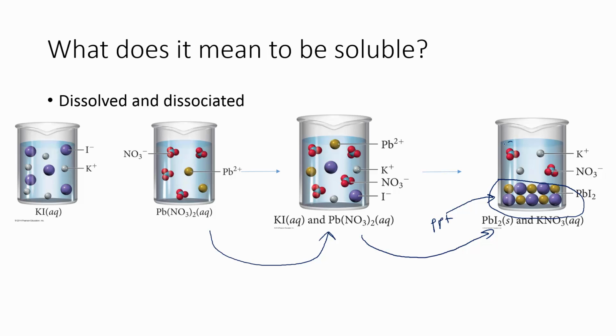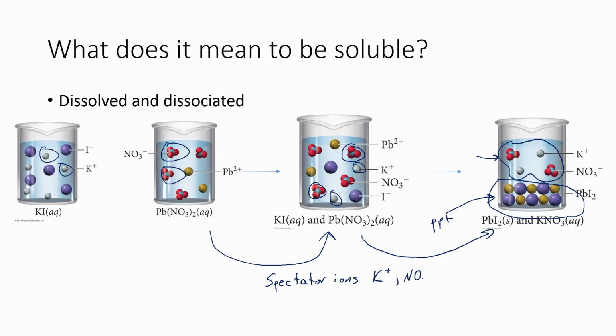Something I'll point out now that we'll talk about more later are the potassium and nitrate ions. They were nitrate and potassium to begin with, and when we mixed them, they were still potassium and nitrate, and now they're just potassium and nitrate as well. So in a way, the potassium and the nitrate really didn't do anything at all. We refer to those as spectator ions.